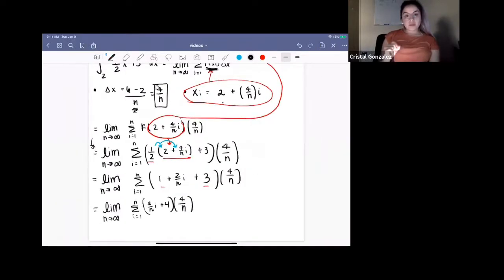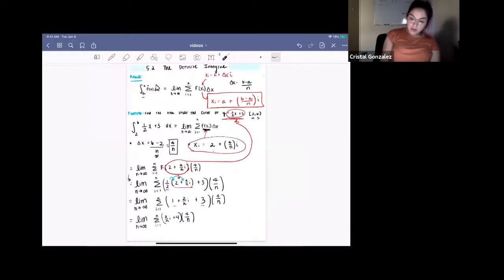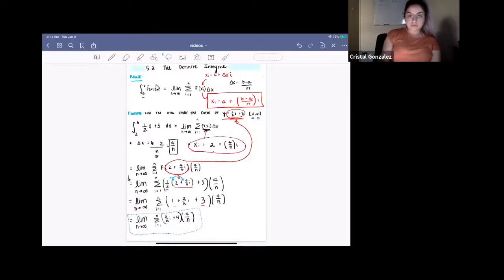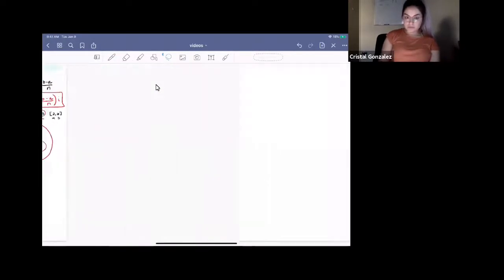Okay. So after this, I would suggest distributing this 4 over n inside. But I'm going to go ahead and do that on the next page so I'm not all crammed up. So I'm just pasting that over so that you can see it.